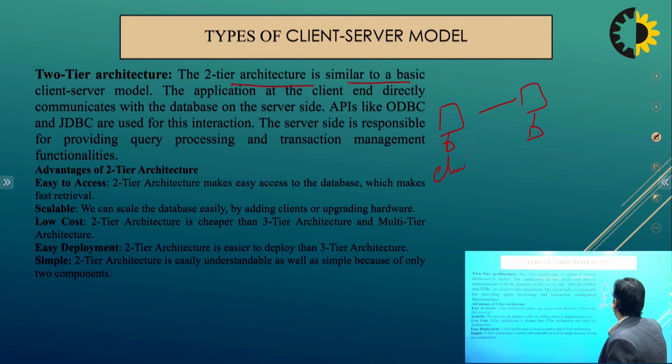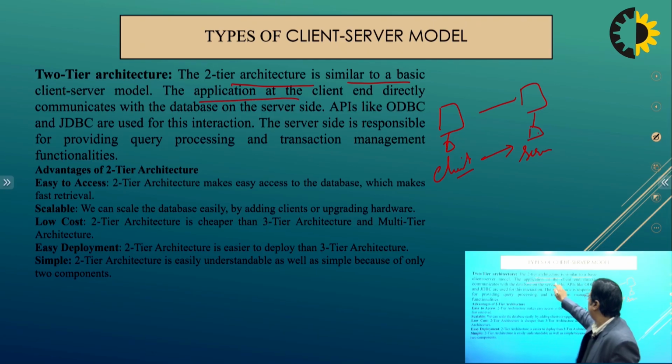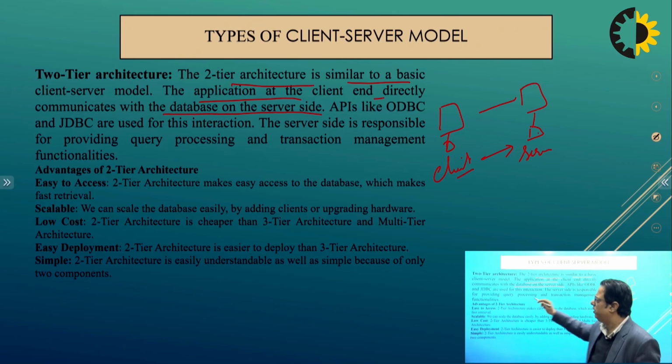First one is the client and second one is the server. The client directly communicates with the server according to the 2-tier architecture. The application at the client directly communicates with the database on the server side. APIs like ODBC and JDBC are used for the interactions. The server side is responsible for providing query processing and transaction management functionalities.